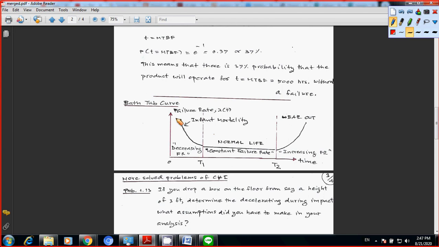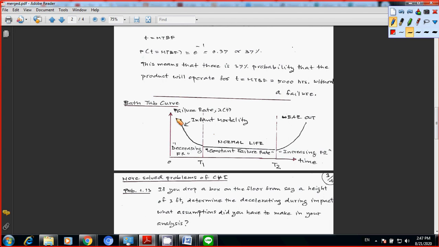Just like cars, you bought a car from a dealer, you have a warranty for 3 years, 4 years, 5 years, because they are pretty sure that they already tested the car before they transfer the car to you. You have constant failure rate in the normal life region.